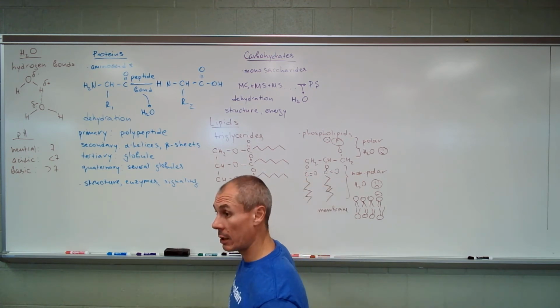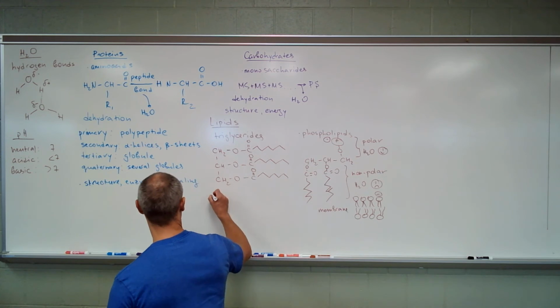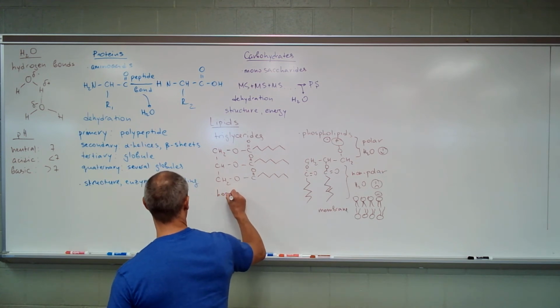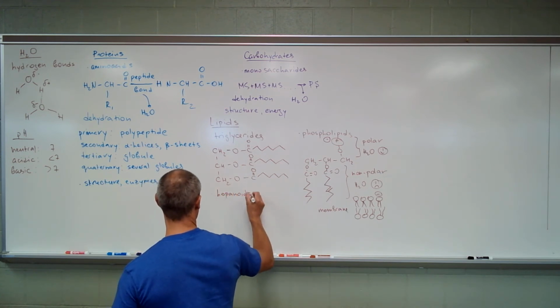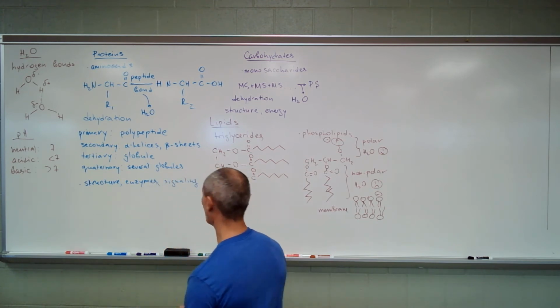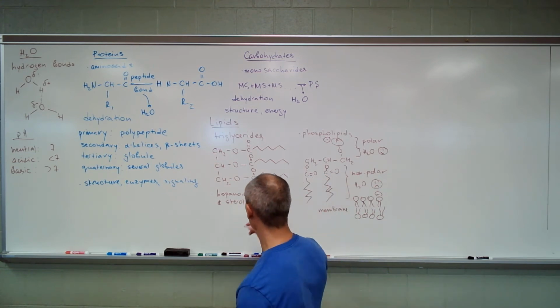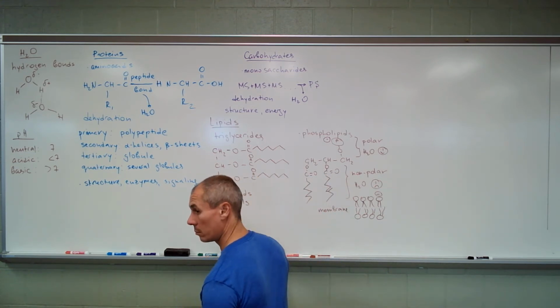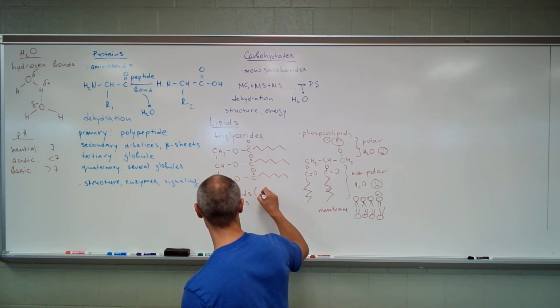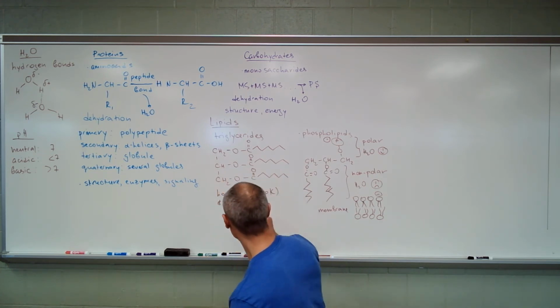Now, last little bit that I'm going to slap here. No formulas, I promise. Also lipids, hopanoids, and sterols. Okay? So hopanoids are really complex lipids, many fused cycles, which are found in prokaryotes or bacteria.